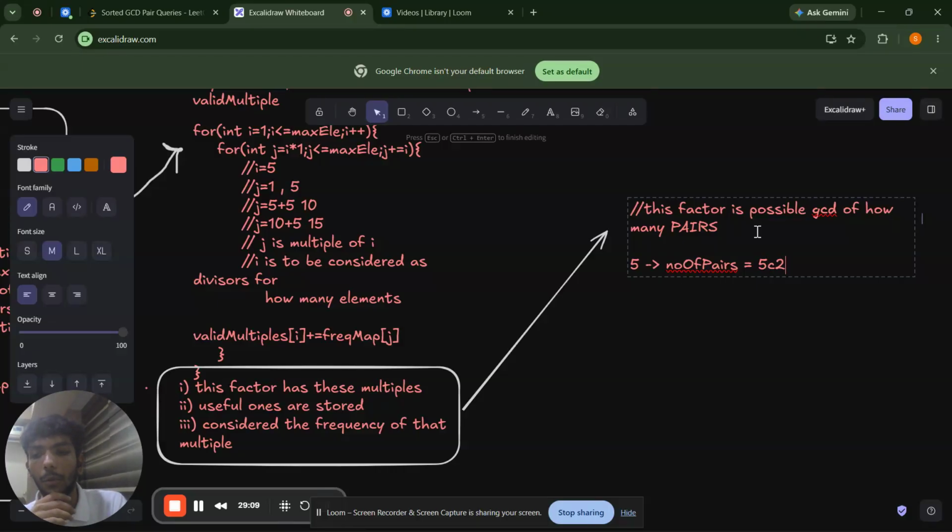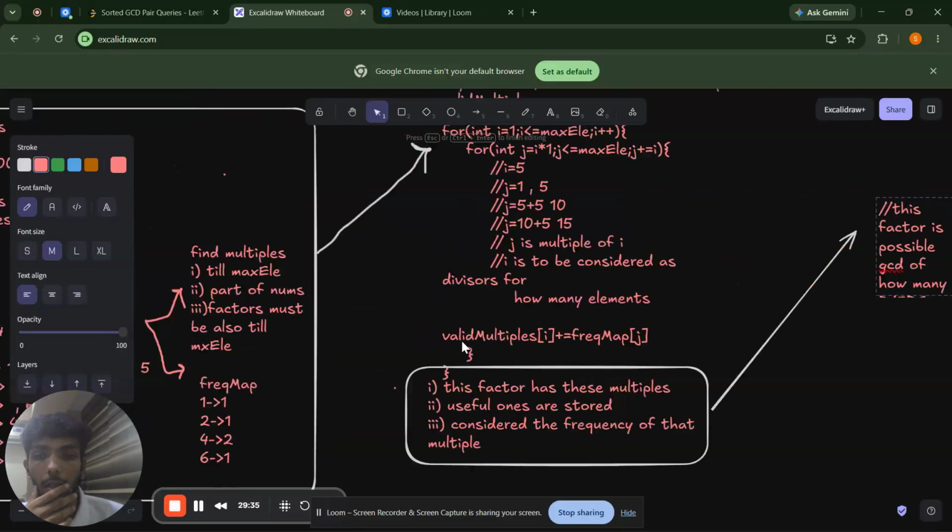It is a permutation and combination thing, in which if we want to find how many ways two numbers can be taken from n elements, it is generally denoted by nC2, which is nothing but n times n minus 1, whole divided by 2.